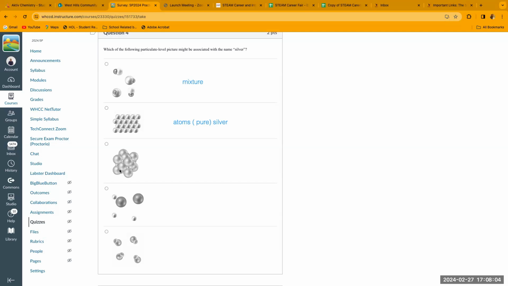No. Because they're not exactly the same, it wouldn't be a single element like silver, because you have two different balls rather than them being both the same. So we would have a pure compound and it would be a solid. What about this one here? Why can't it be silver?